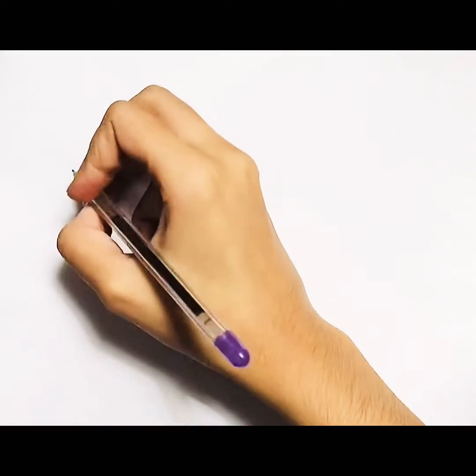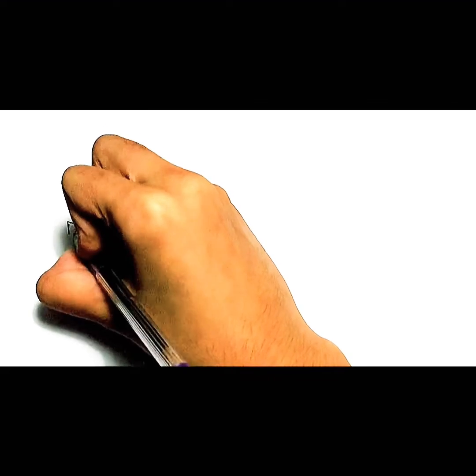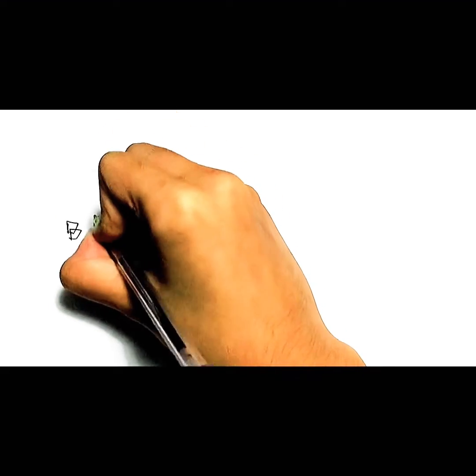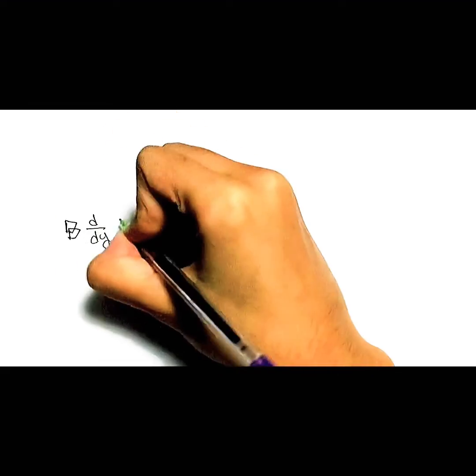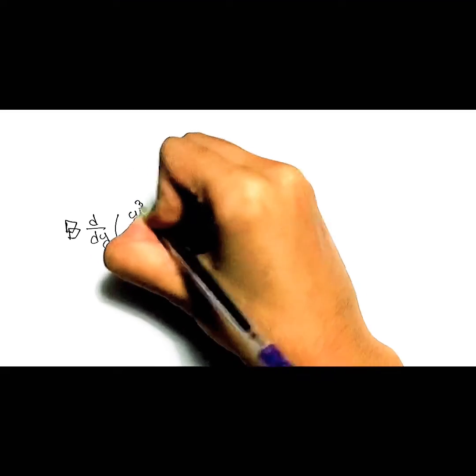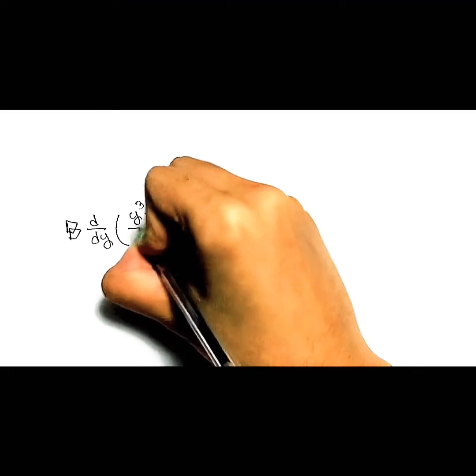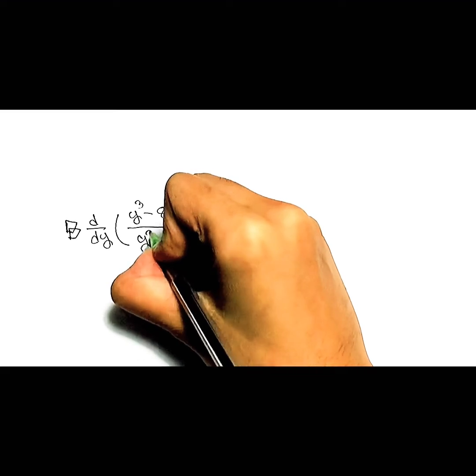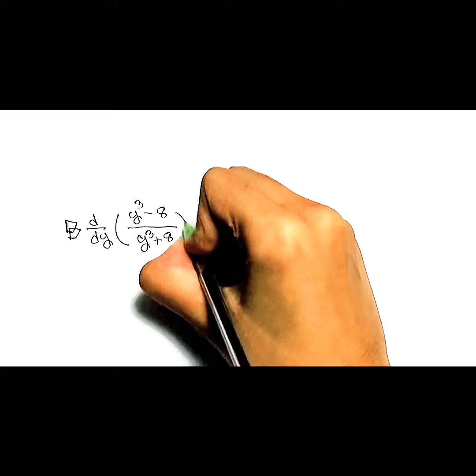Okay, so let me take my example, which is d/dy of (y cube minus 8) divided by (y cube plus 8).